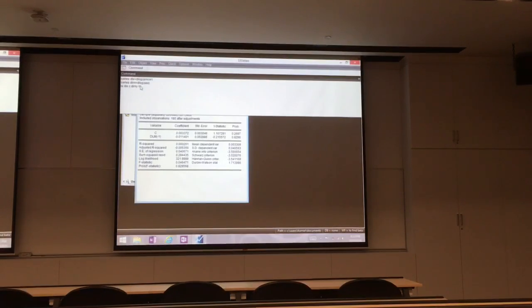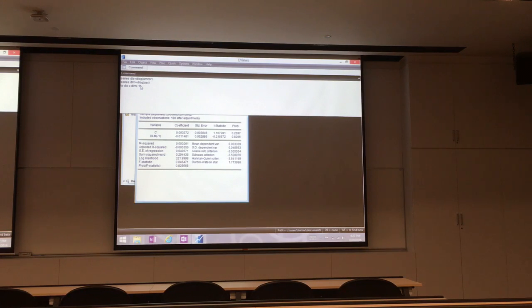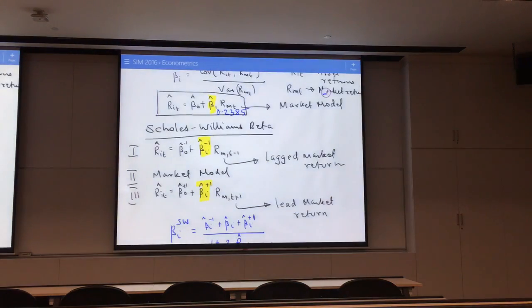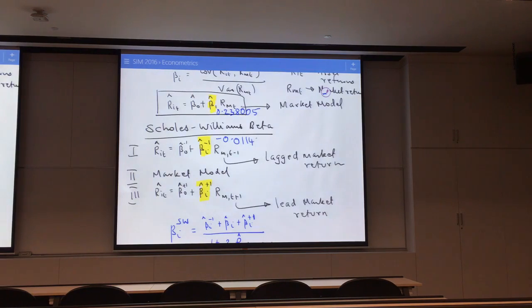So DLN(-1) is one time period lag, and its coefficient is -0.01141. This is your beta i minus 1 hat.